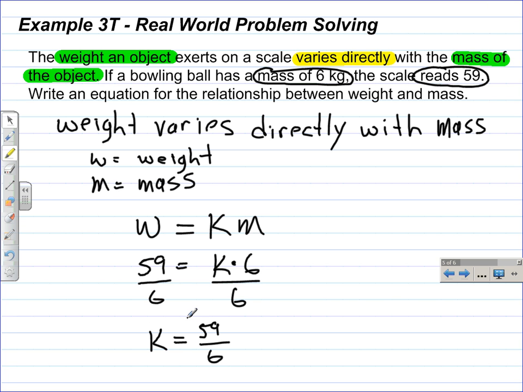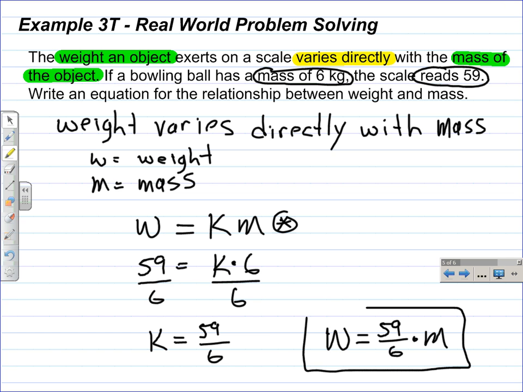We take that constant of variation, substitute it back into this direct variation equation to give us the weight is equal to 59 over 6 times the mass. This is the direct variation equation for this problem, the weight compared to the mass of an object.